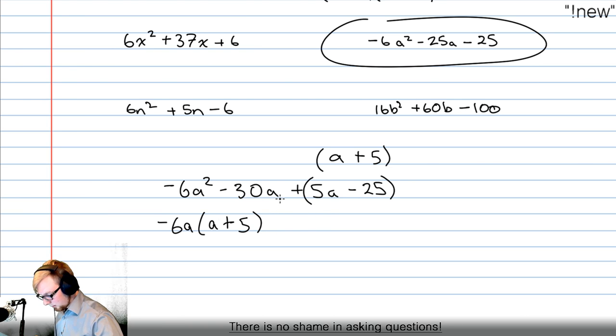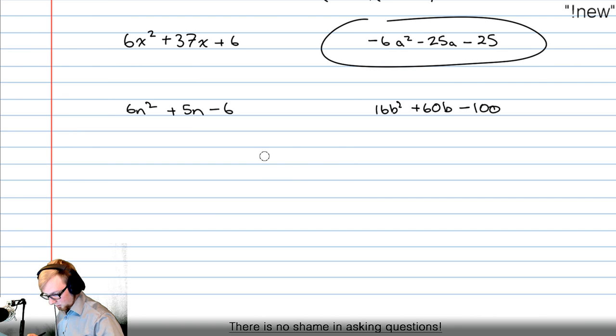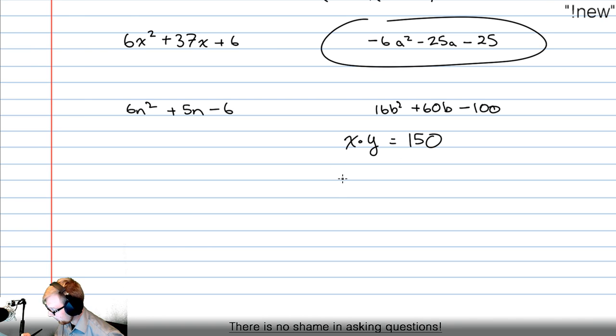So let's verify something here. I'm just gonna go back to the beginning of it. 6 times 25 is what? 150. So x times y is 150. X plus y is minus 25.